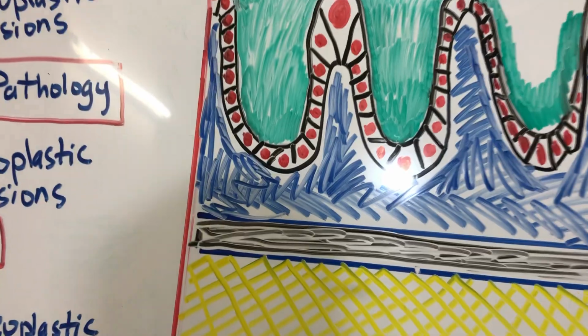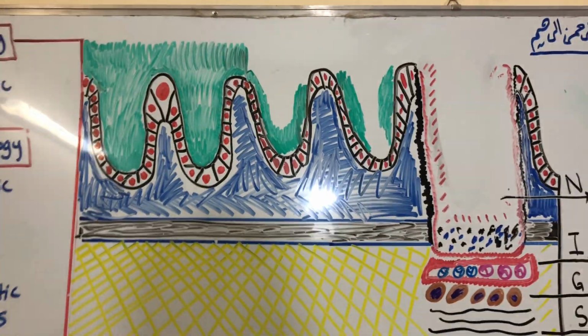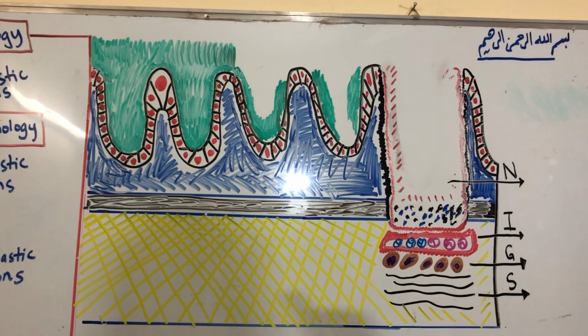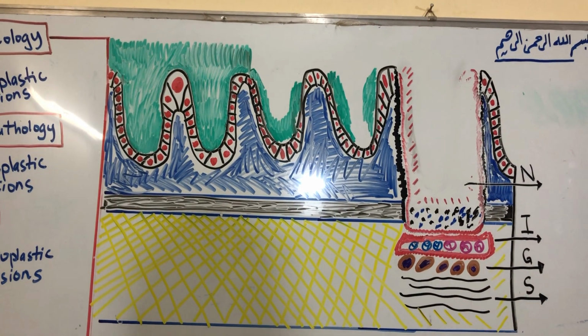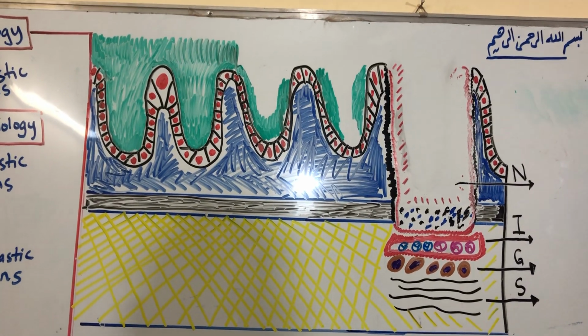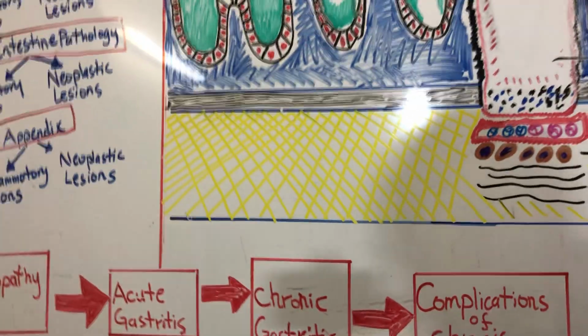So now let's look at this diagram. We have a bottom layer, this yellow layer, and we have this black layer, that black band.